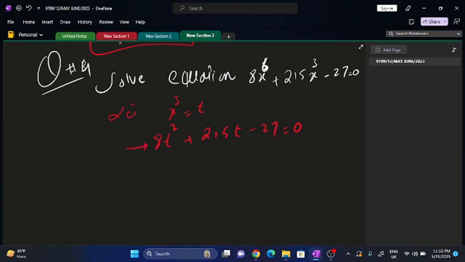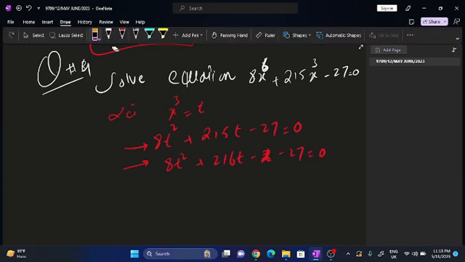I can solve this equation by three methods: completing the square, the quadratic formula, or factorising. One of the easiest methods is factorising, because it consumes less time and you can complete the question within the time without any complication. So when you factorise, the equation is reduced into 8t^2 + 216t - t - 27 = 0.